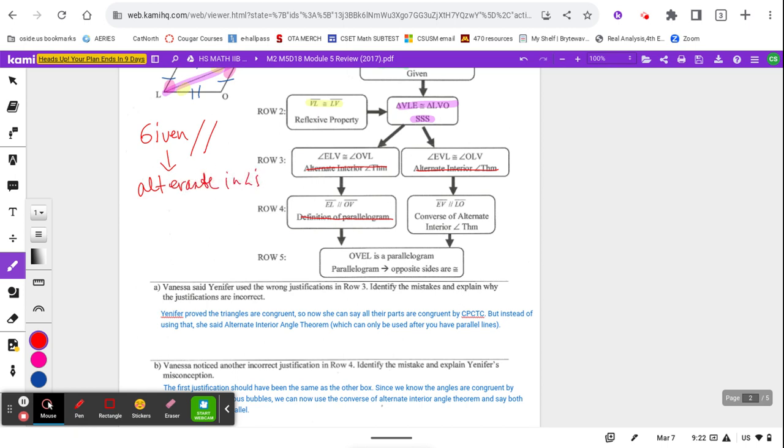But in this proof, we find the alternate interior angles from CPCTC, and that leads us to say that they are parallel. Going backwards like this is called the converse. And that's why this one is the converse of alternate interior angle theorem and not the forwards direction. It's actually the backwards direction.